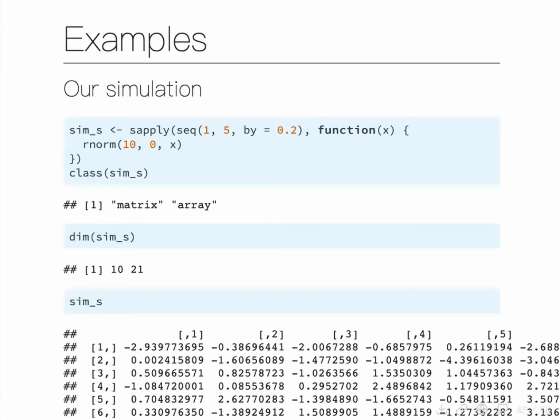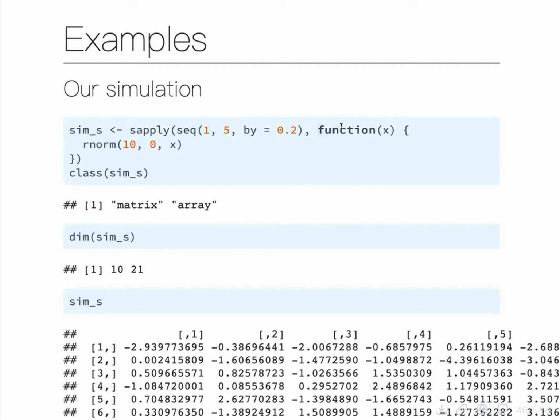Here are a few quick examples. This is from our simulation that we did. I'm going to use sapply, and I'm going to loop over a sequence of numbers starting from 1 and going up to 5 in increments of 0.2, so 1, 1.2, 1.4, 1.6, 1.8, all the way up to 5.